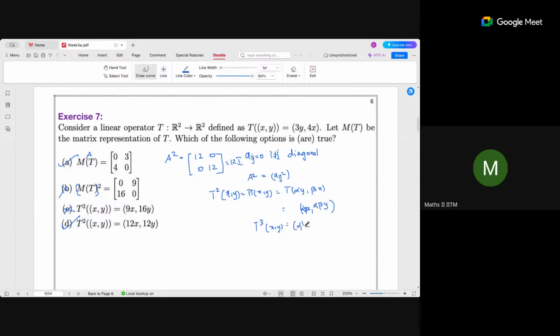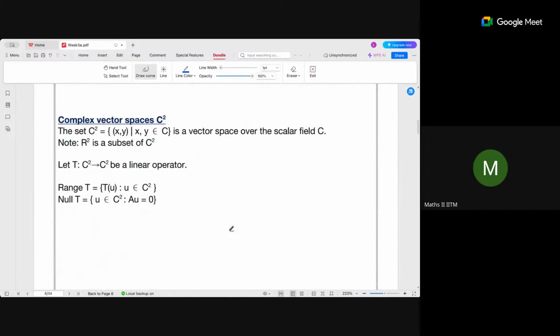So some alpha dash y comma beta dash x. It will be of this form. And all odd powers are of this form. Even powers are of this diagonal form. Yes. Correct. Okay, thank you.